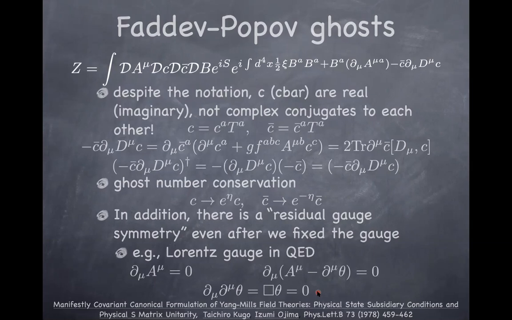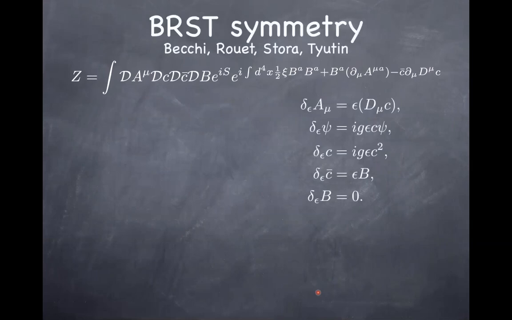Okay, so we need to understand this residual gauge symmetry. Here is the answer. This change of the gauge field and various other fields is an invariance of the Lagrangian, even including the gauge fixing condition.